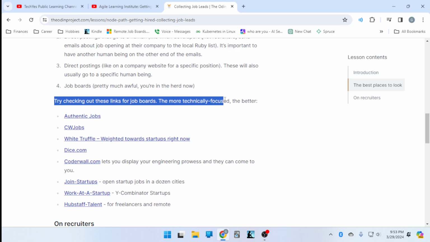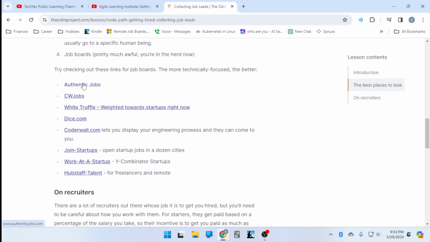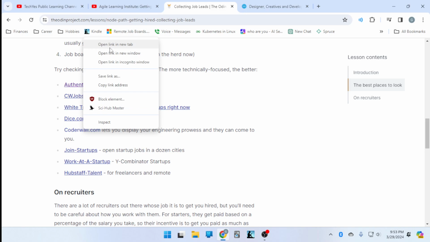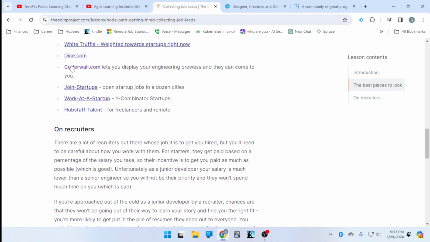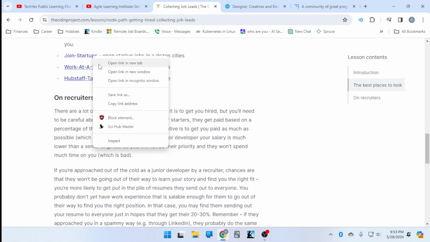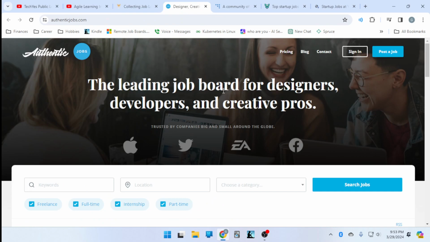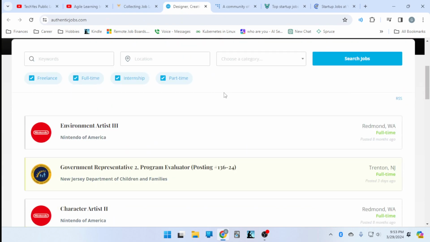The more technically focused, the better, which probably makes sense. So we got one where you can do a direct showcase, startup jobs, Y Combinator. All right.